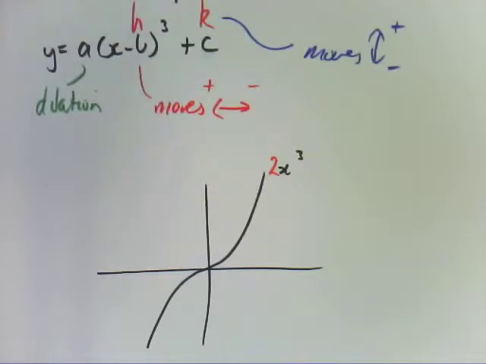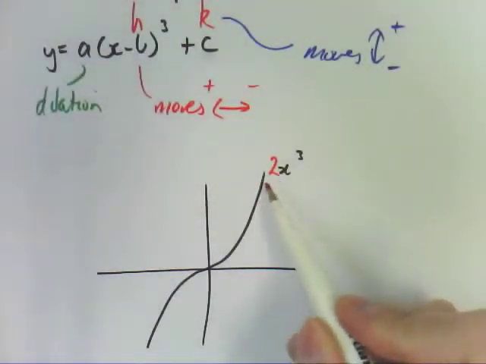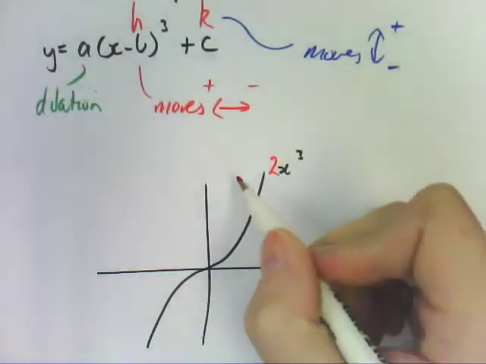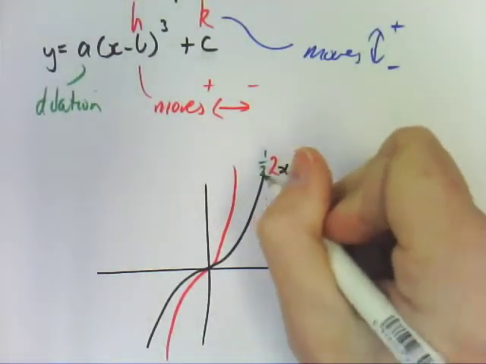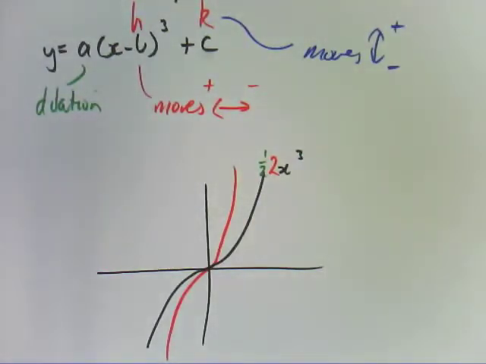If you go back to a table of values here, it's squishing it. Why? Because it's going up twice as fast. So that 2 means it's going up twice as fast, doesn't it? So it'll actually look like that. And if I had 1/2 instead of the 2, it's going to push it out, isn't it?